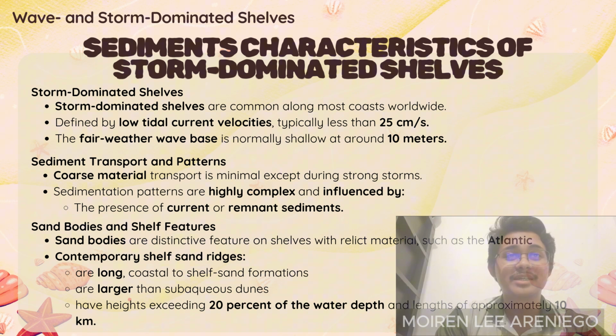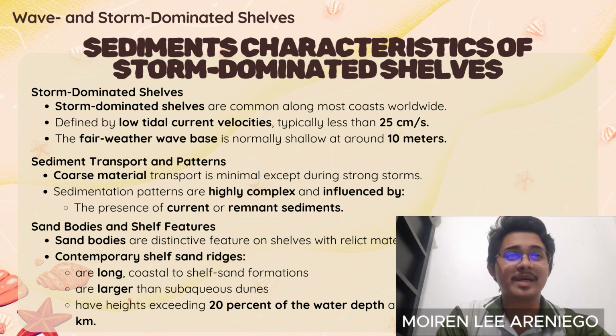Contemporary shelf sand ridges are long, coast-to-shelf sand formations that are larger than subaqueous dunes. They have a height exceeding 20% of the water's depth and a length of about 10 kilometers. These ridges have many similarities and are also seen on shelves that are dominated by tides.